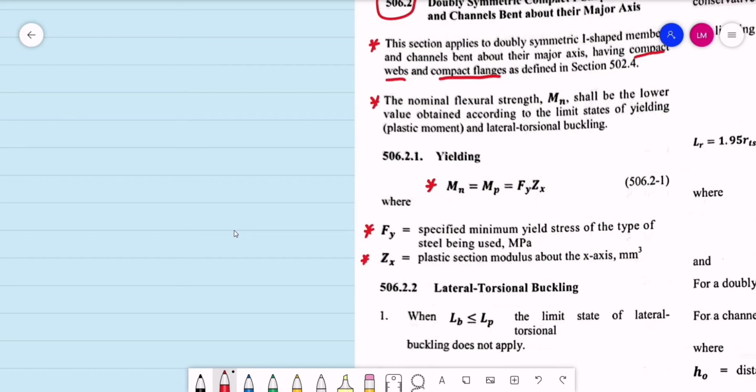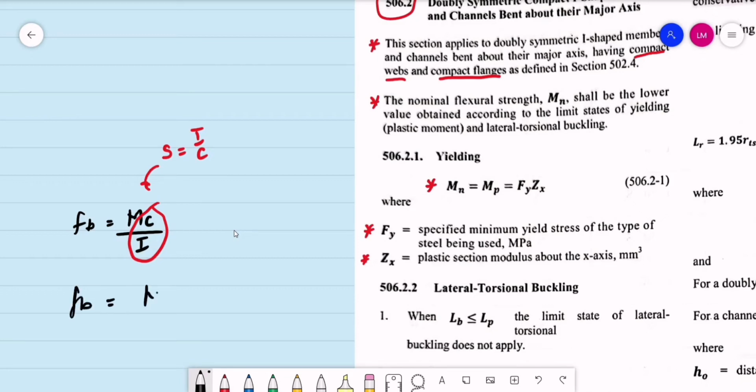Now, if you recall from our strength of materials, how do we compute for bending stress? The bending stress F sub b is equal to Mc over I. This term I over c is our section modulus S. So the equivalent of our bending stress is equal to the moment divided by our section modulus.